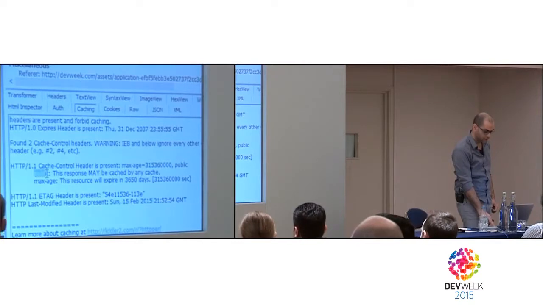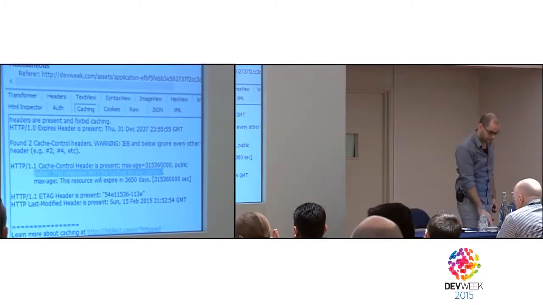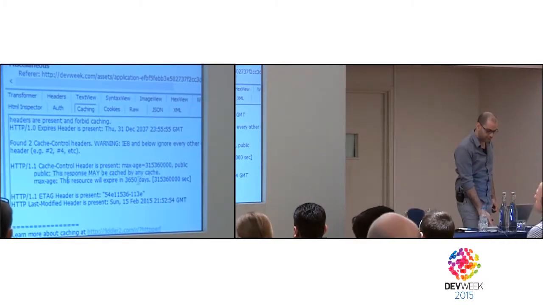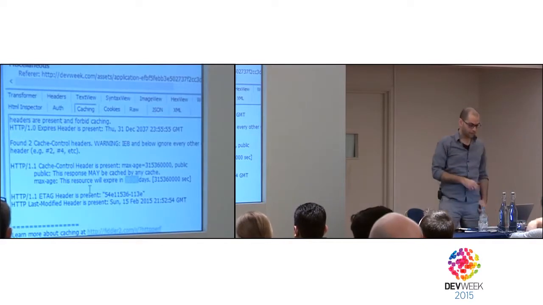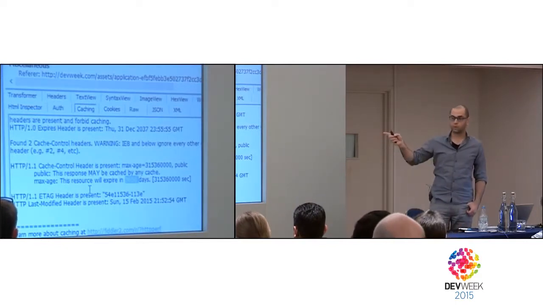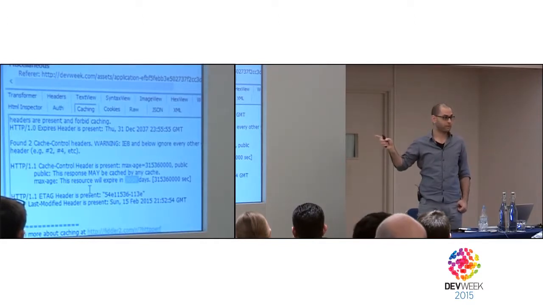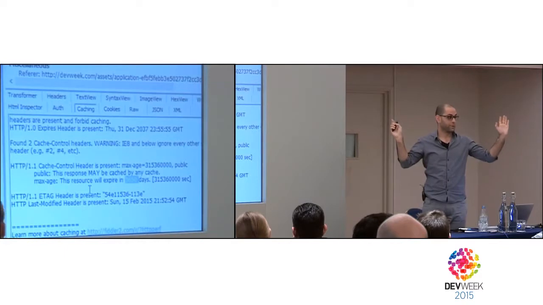Okay, so this one is public, so the response may be cached by any cache, CDN, proxy server, that sort of thing. Max age currently specifies that this will expire in about 10 years, 3,650 days. They probably don't know that according to HTTP rules, you're not supposed to set the max age to more than a year. Just saying, okay?